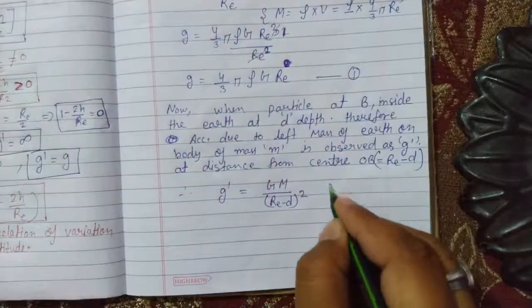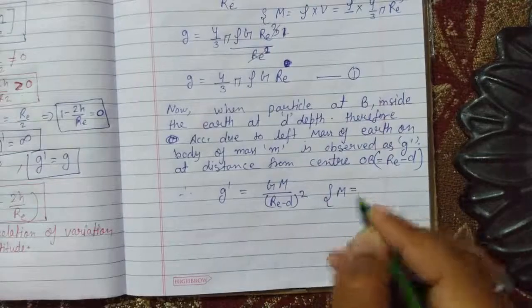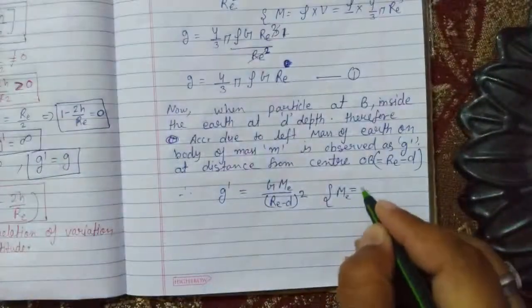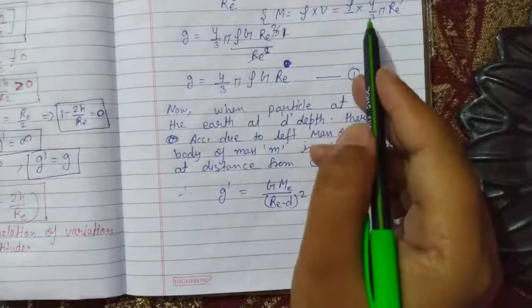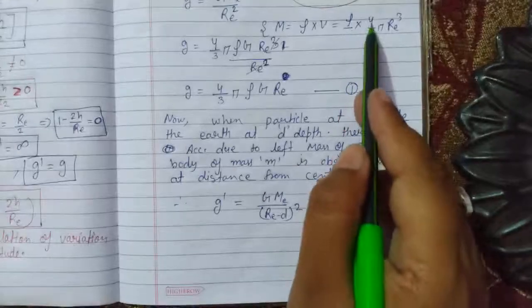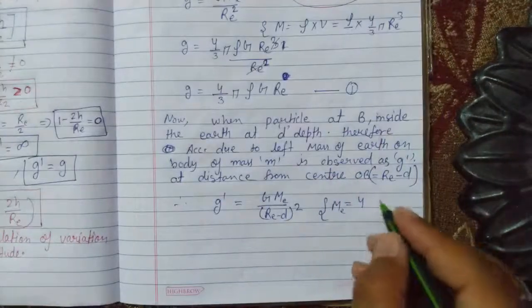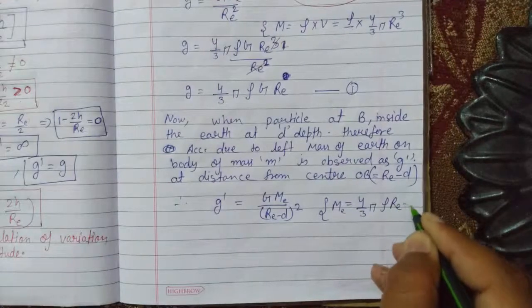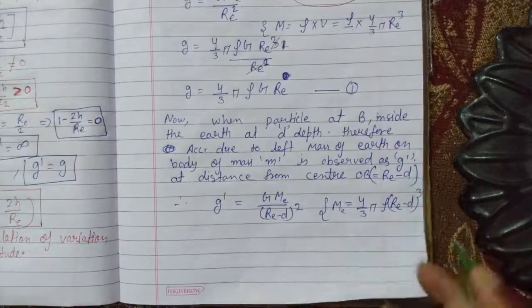According to the same result, the mass of earth inside is ρ times 4/3 π (Re - d)³.